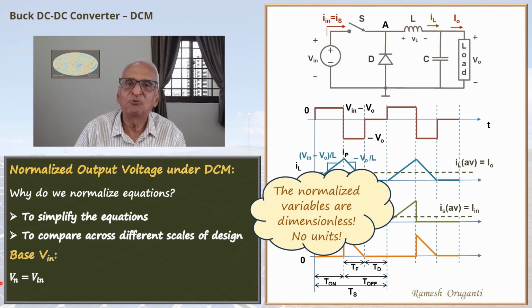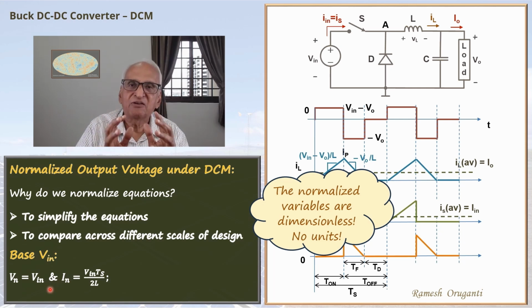You know the input voltage, so you are using that as the normalization factor or the base. The base for current is V in Ts by 2L. You remember in that equation we had the term V in Ts by 2L. We are going to use that as In. That is convenient for us.